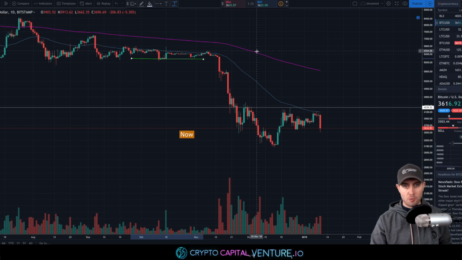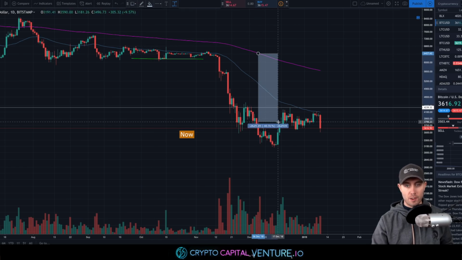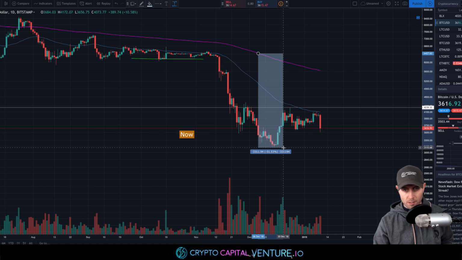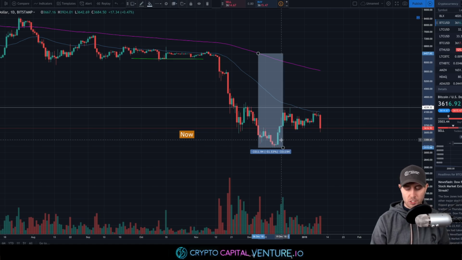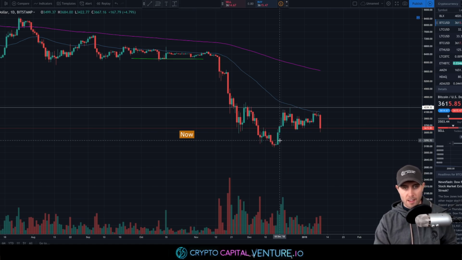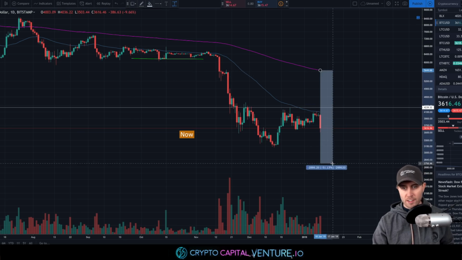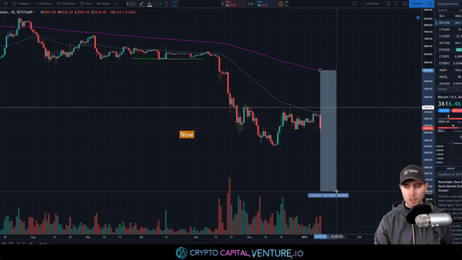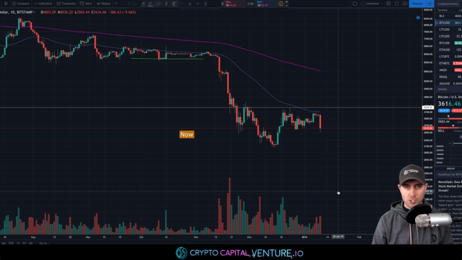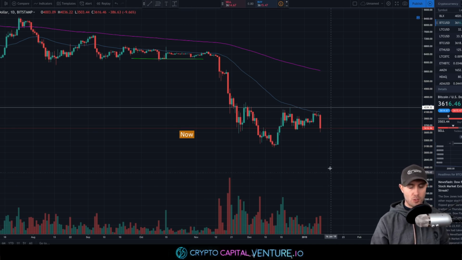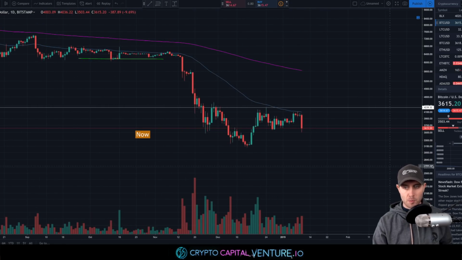Since then, we've obviously gotten very close. We have around 51% overextension from the 200 EMA. And just for reference, that 60% overextension area right now is right around $2,200. Just want to throw that out there for you because we're going to revisit that in a couple minutes.